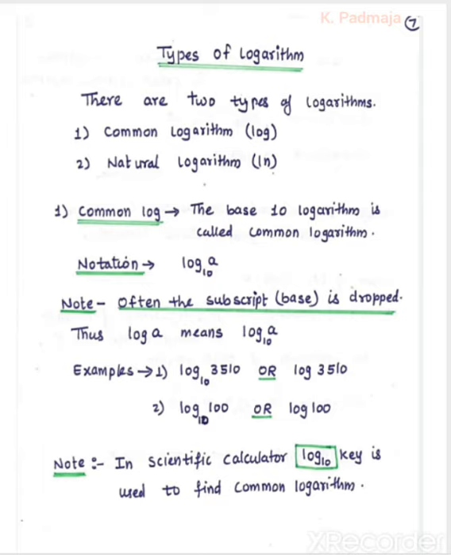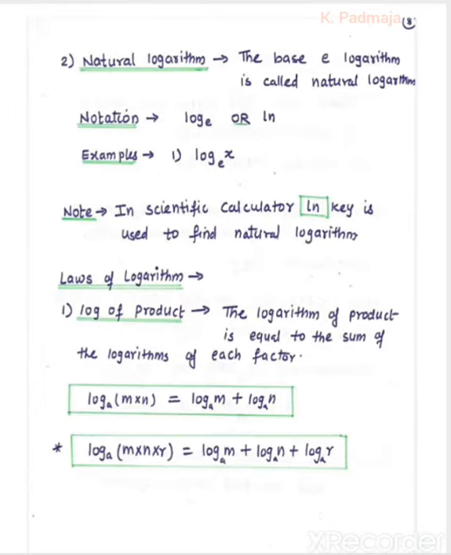Slowly you can understand how to use the calculator. In the scientific calculator, the log to the base 10 key is used to find the common logarithm. Okay, so to find common logarithm in the calculator, which key will we use? Log to the base 10. Okay, so the next is natural log.